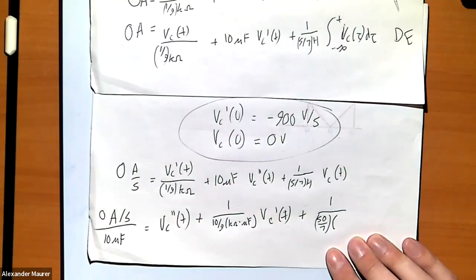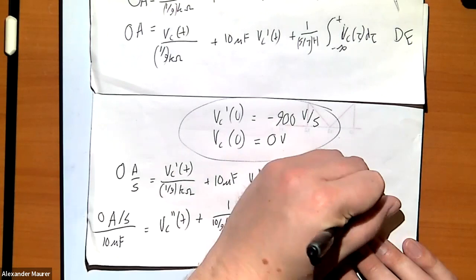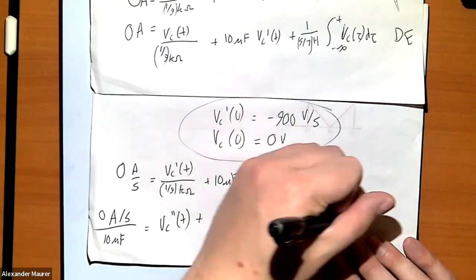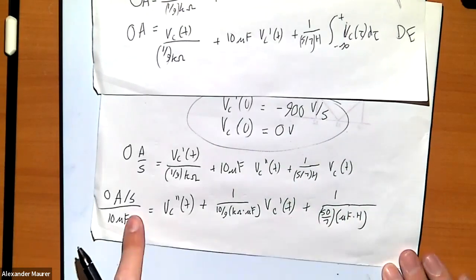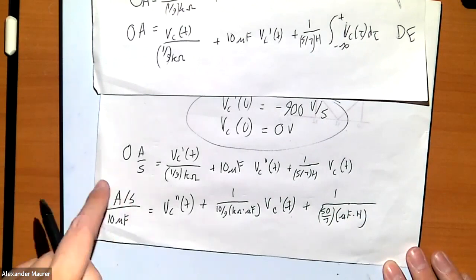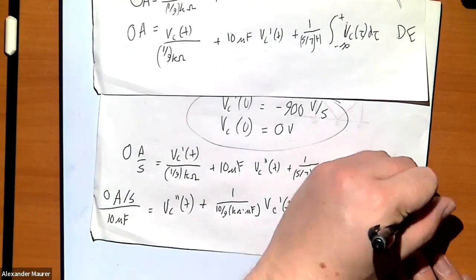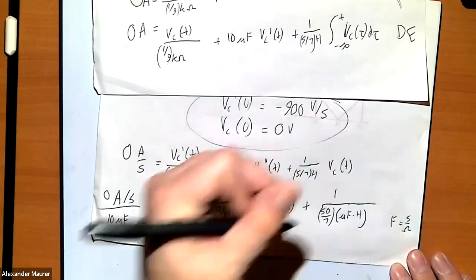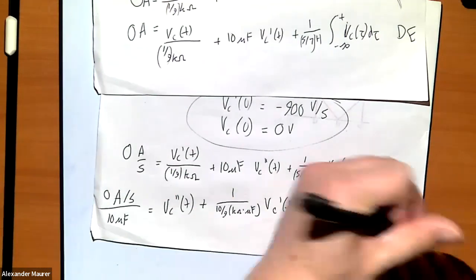And then our units are going to be microfarad henries. And as long as everything has worked out, our units are going to be okay. So amperes per second, microfarads. Again, a farad is a second per ohm, and a henry is an ohm second.